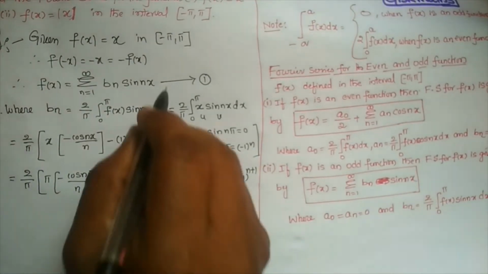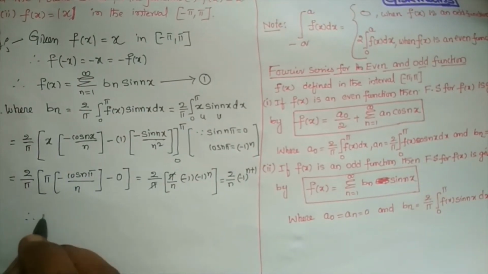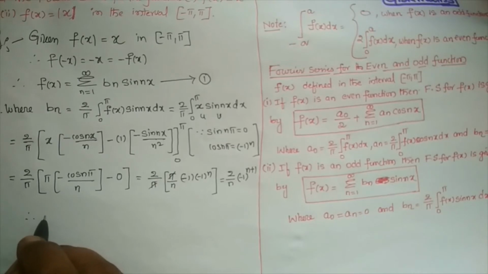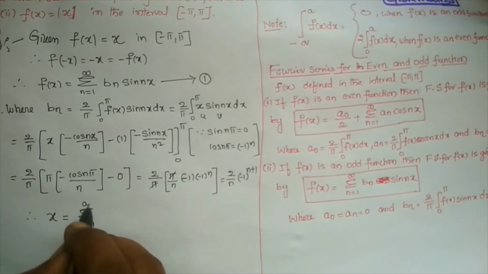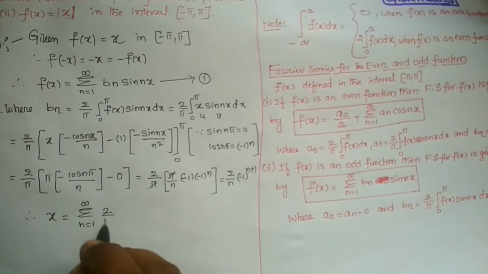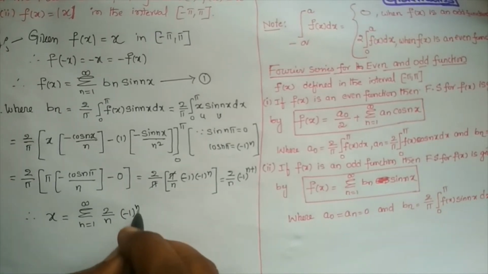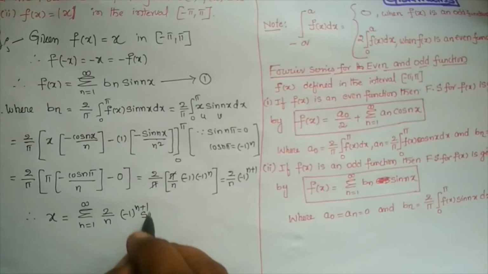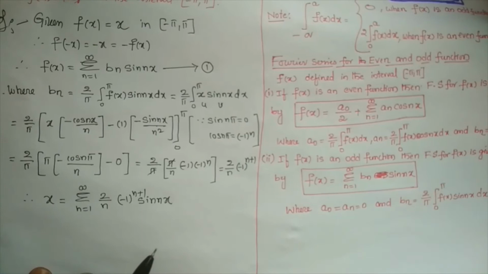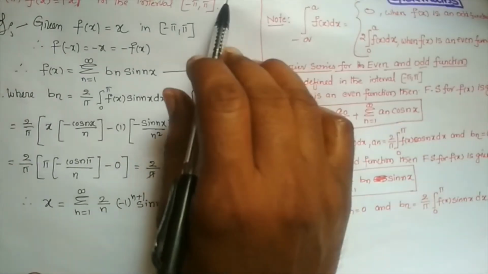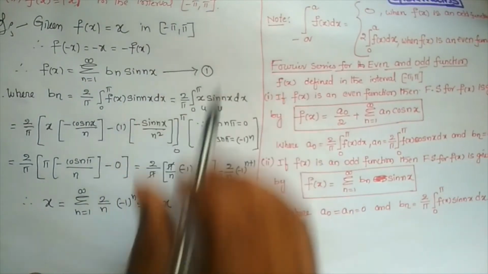So then we can go through the substitution. Therefore f of x is equal to, that means x is equal to summation n is equal to 1 to infinity bn, 2 by n minus 1 whole to the power of n plus 1 sin nx. So this is the Fourier series for the function f of x is equal to x in the interval minus pi comma pi.